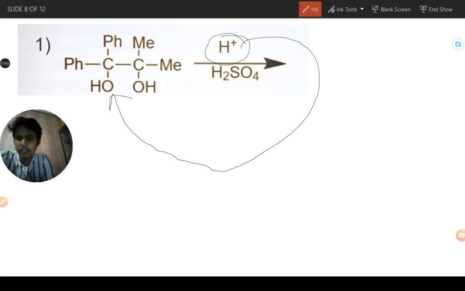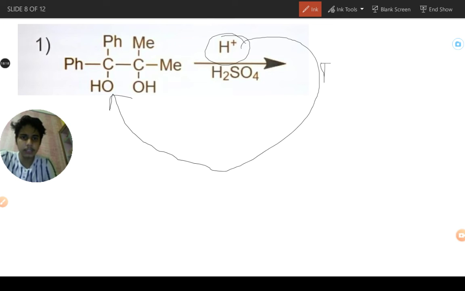You can see here H plus will attack because it will be plus M stabilized, and the carbocation will be more stabilized also. The carbocation here will be more stabilized and water removal will be easy over here. So here you can see H plus will be added, then OH2 formation will occur and water will be removed, and the carbocation will be formed over here. Only 2 steps will be written here.